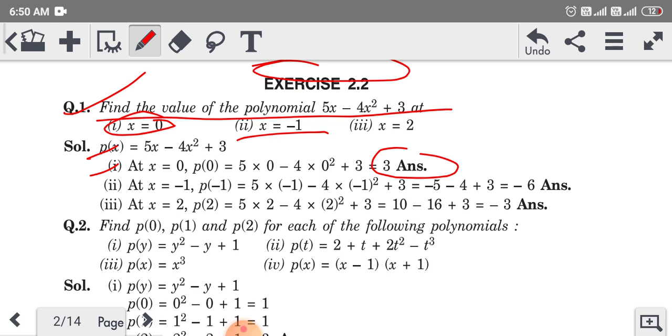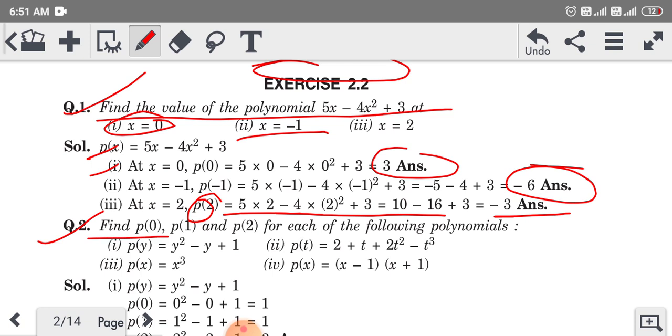At x equal to minus 1, putting minus 1 in place of x we get 5 into minus 1 plus minus 4 into minus 1 square plus 3, which is equal to minus 5 minus 4 plus 3, that comes out to minus 6. Answer. And at x equal to 2, replacing x with 2, p(2) is equal to 5 into 2 minus 4 into 2 square plus 3, that comes out to 10 minus 16 plus 3, that will be minus 3. Answer.